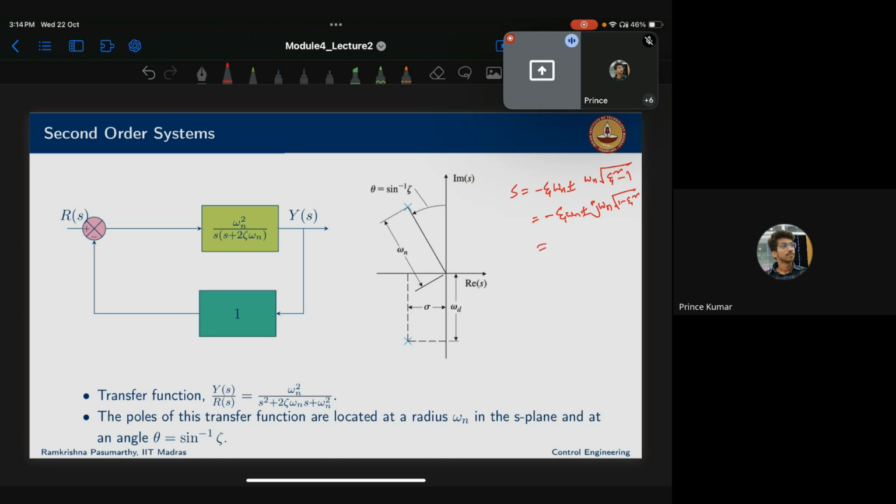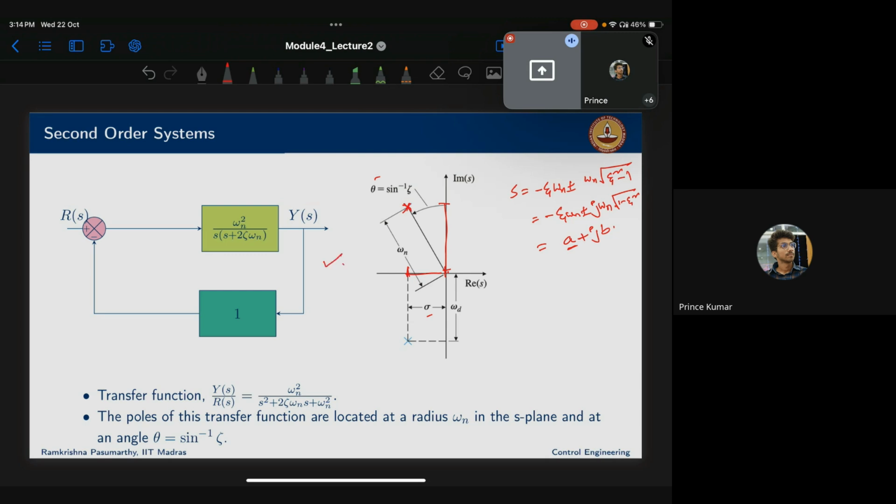What is this basically? a plus jb. That means it is a complex number. What does that complex number represent? It represents a point like this, where this would be a and this would be b. Considering these two, you can find alpha, theta, etc. So you can represent that pole.